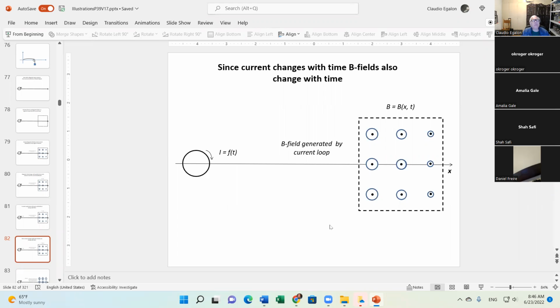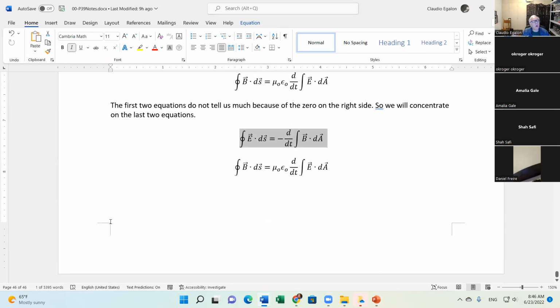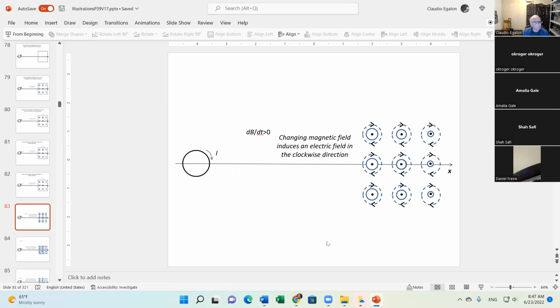When the magnetic field changes with time, we go back to Maxwell's equations, and we recall from the law of electromagnetic induction that a changing magnetic field, or in a more generic sense, a changing magnetic flux, induces an electric field. Remember that? So going back here, that's the type of electric field that we get.